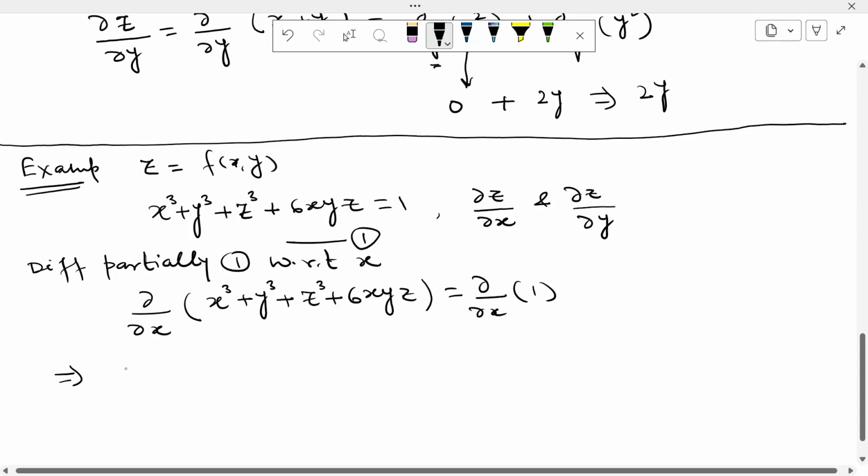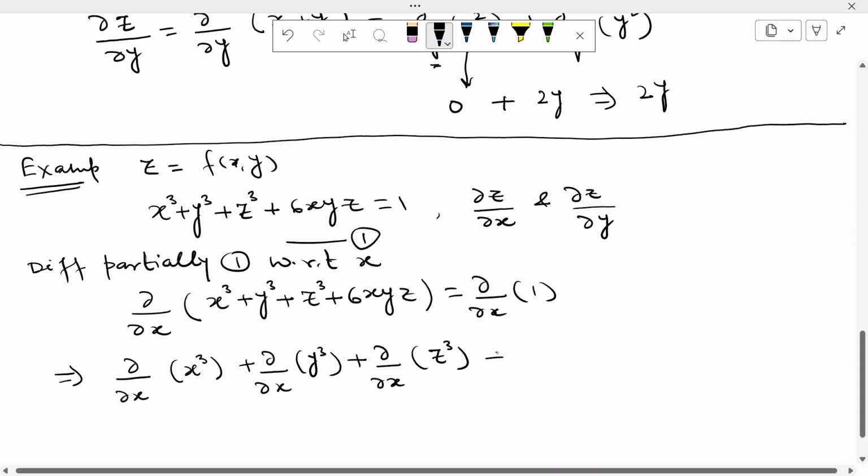So here you will have del over del x of x cube plus del over del x of y cube plus del over del x of z cube plus del over del x of 6xyz, and on the right hand side, because we are differentiating with respect to x, this comes out as 0 because 1 is constant.